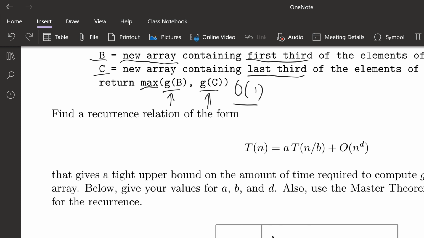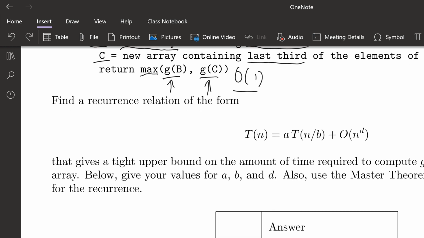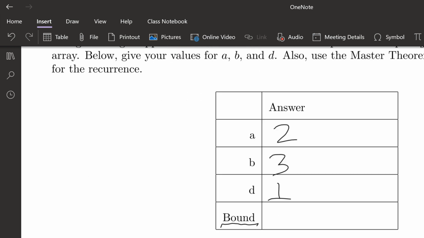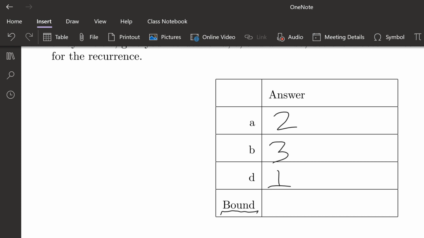And hang on, D is equal to 1. So if only the master theorem were... Oh my goodness, it's here too. All right, so looking at this, it looks like log base B of A is less than D. So our answer is just going to be O of n to the D, which is 1 in this case. So it's going to be a linear 1.